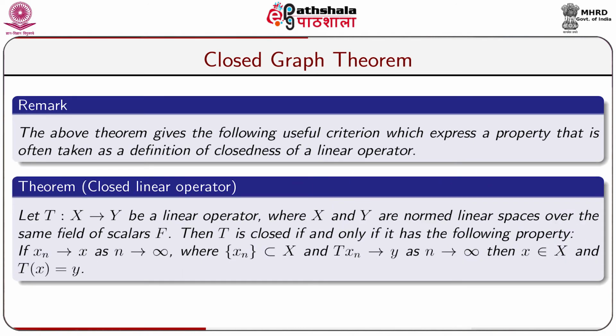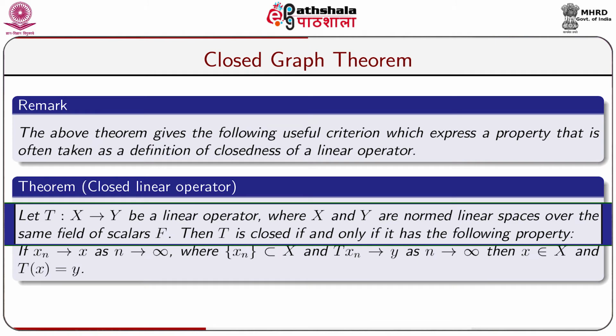So, the above theorem gives the following useful criterion, which expresses a property that is often taken as a definition of closedness of a linear operator. We now put a definition of a closed linear operator, and this definition can be obtained by a theorem.